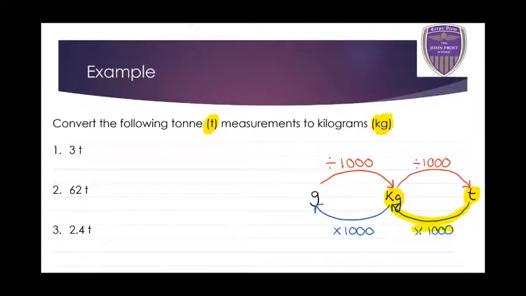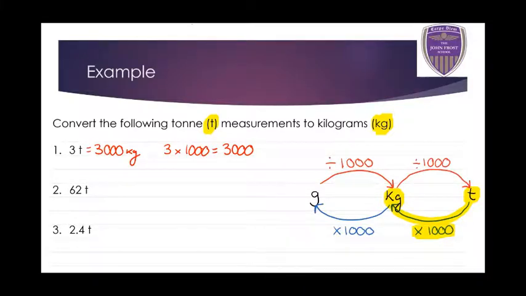How do I do that? Well, we multiply by 1,000. So let's do that. So if I've got 3 tons and I want to convert it to kilograms, I want to do 3 times 1,000. So 3 times 1,000 is 3,000. So that means 3 tons is equal to 3,000 kilograms, okay?